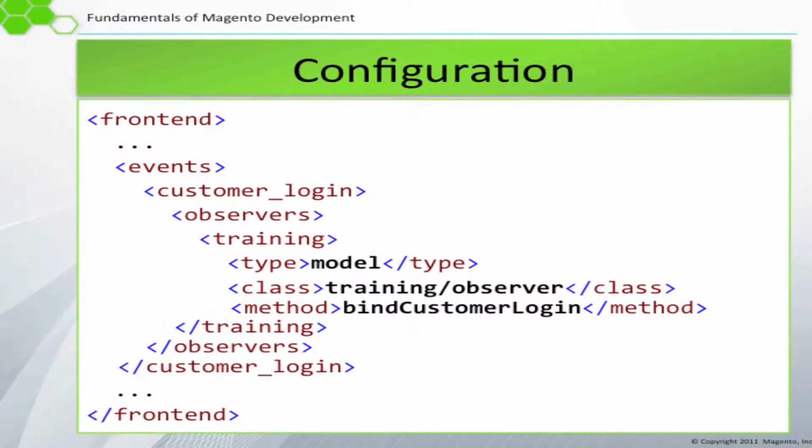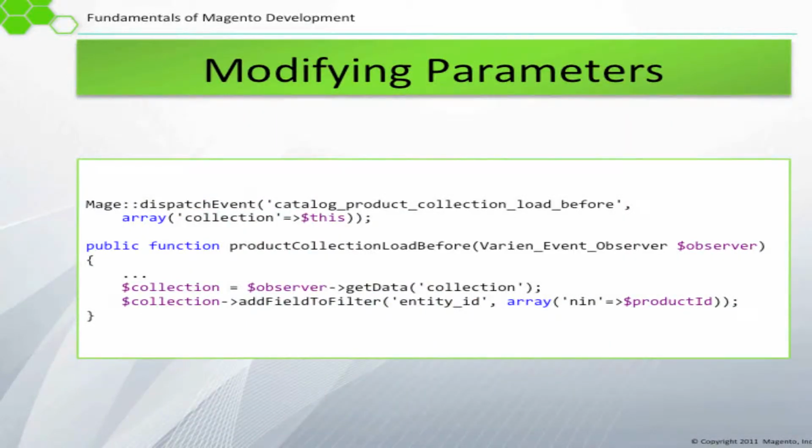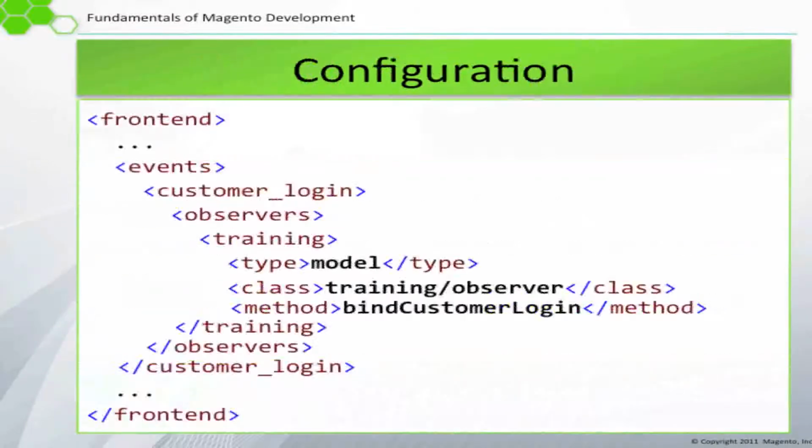So area and then events, and then the event that's being observed. So if I wanted to observe this event, catalog product collection load before, I would specify it in my configuration file right here, catalog product collection load before, okay?